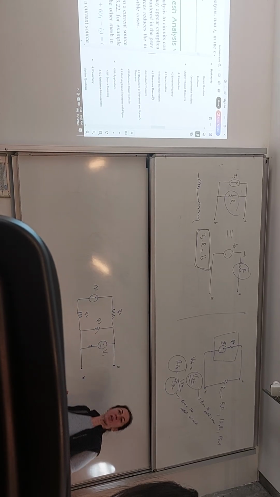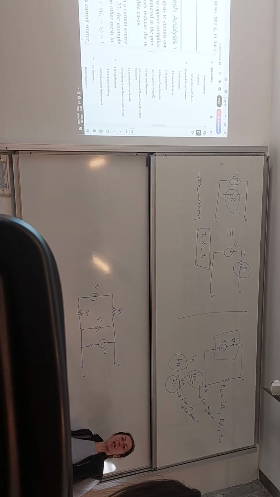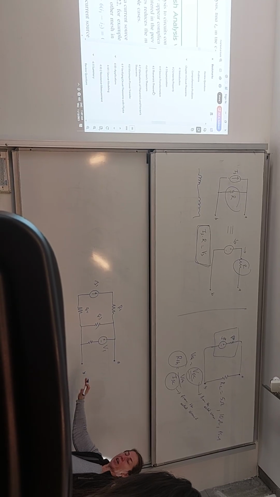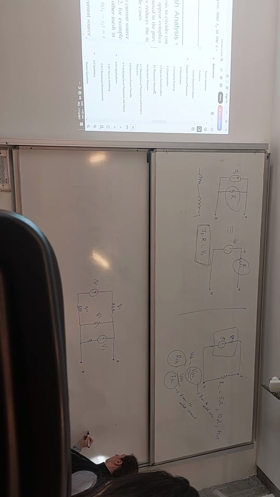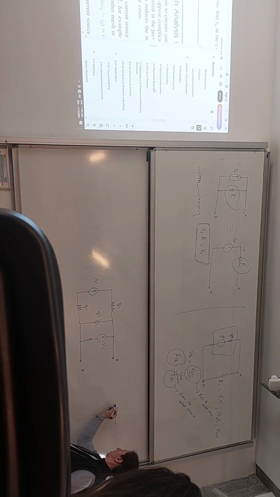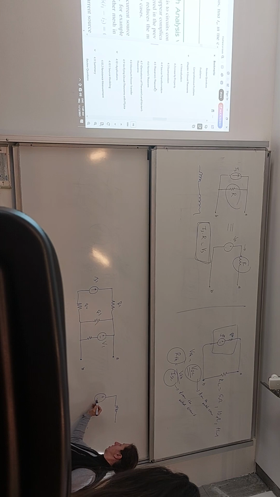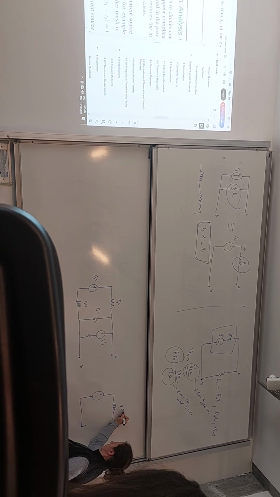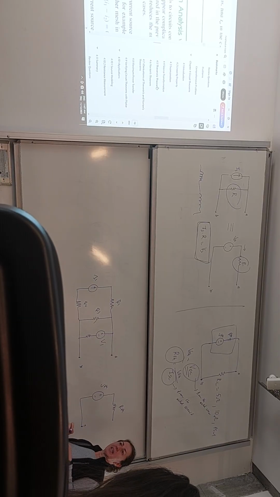Let's say this is my circuit, and I would like to figure out the Thevenin equivalent of this circuit. So this one can be represented by this.